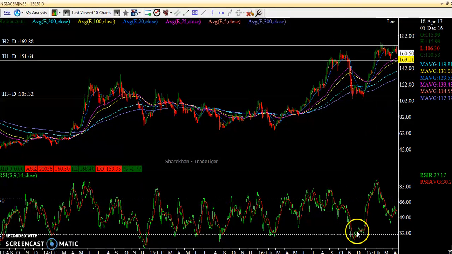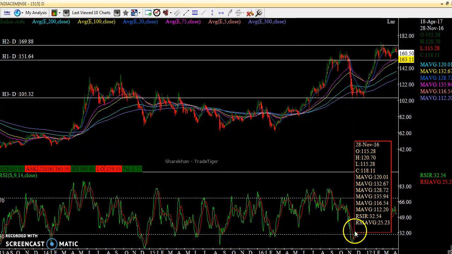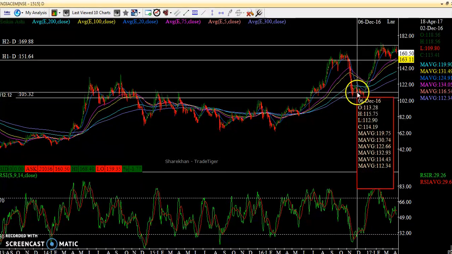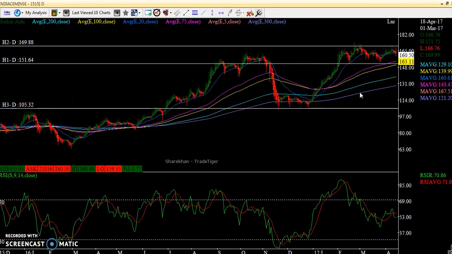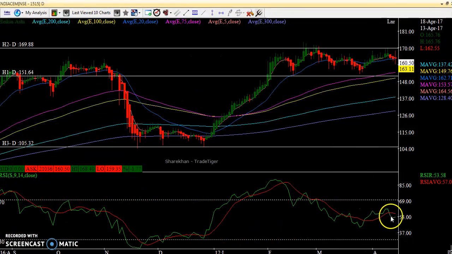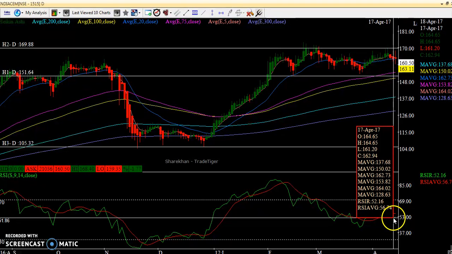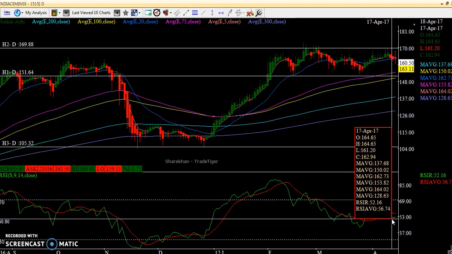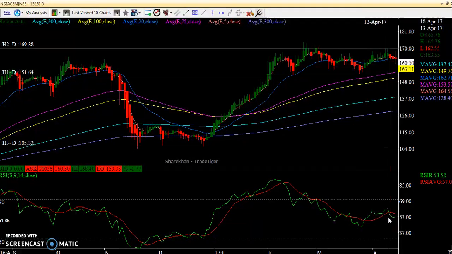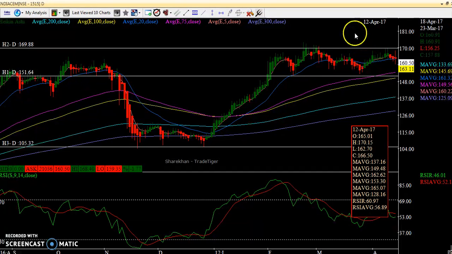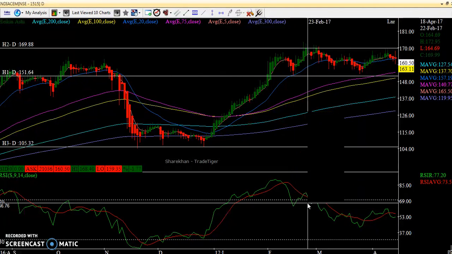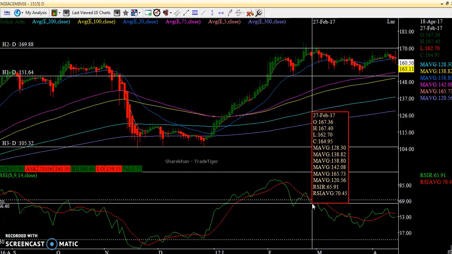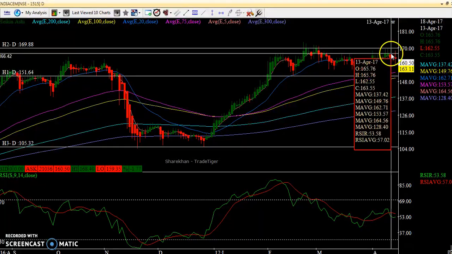When the RSI is at the 30 levels, the oversold level, the stock is at its bigger demand zone. So here I can analyze that whenever the RSI is at 53, 54 levels, the stock is at the supply zone. Here I can see the RSI being 57, 56, and the stock is at its supply zone.